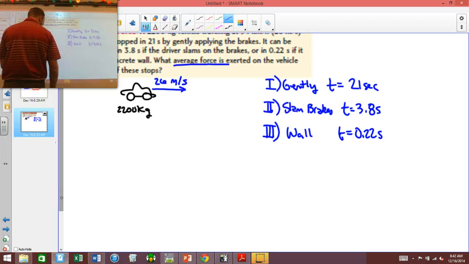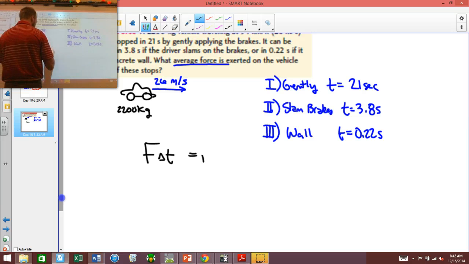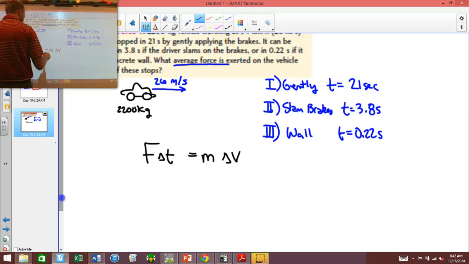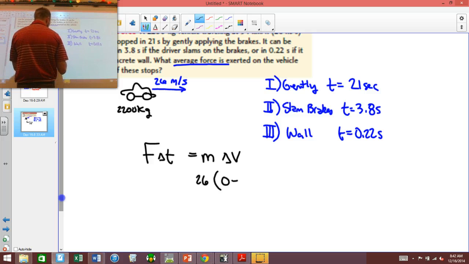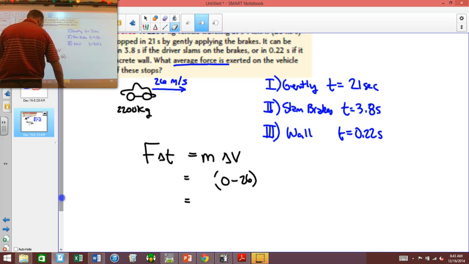So we're going to use the impulse momentum theorem. We have F delta t equals m delta v. My mass and delta v are going to be the same in every case. My mass, 26. My change in velocity, my final velocity minus my initial velocity. It doesn't really much matter if you have a positive or negative. So 2200 is my mass.